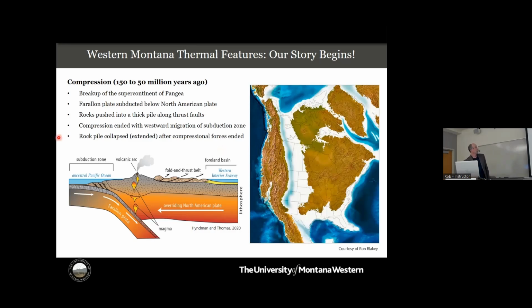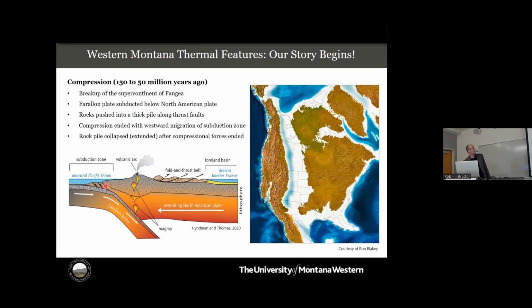And the collision was between an ocean floor piece called the Farallon Plate, you can just think of it as the Pacific Ocean floor at the time, and the continent of North America. The collisional zone was around what is today Spokane, Washington. So it was ocean from Spokane west at this time, about 100 million years ago, we'll just say, ballpark. Okay, are we good? All right.